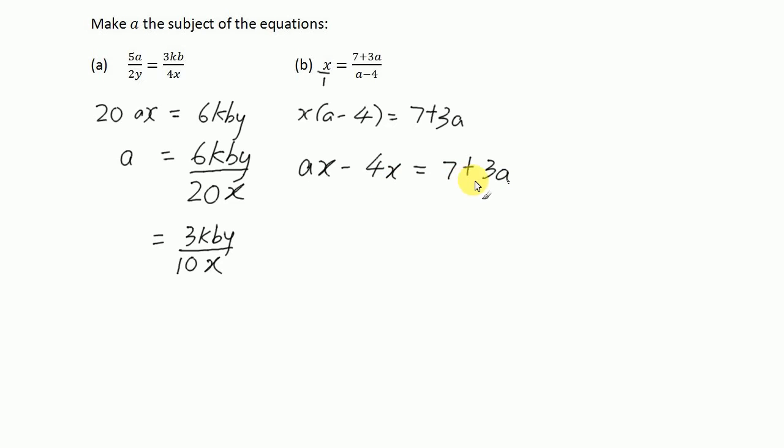One way to do that is subtract both sides by 3a. Or another way of looking at it is to bring the plus 3a to the left. When you bring the plus 3a to the left, change the sign plus to minus. So we have ax minus 3a.